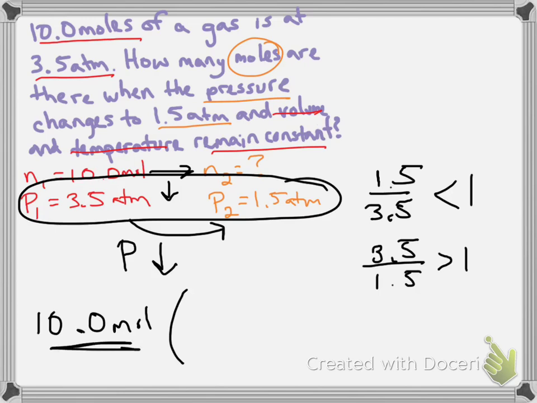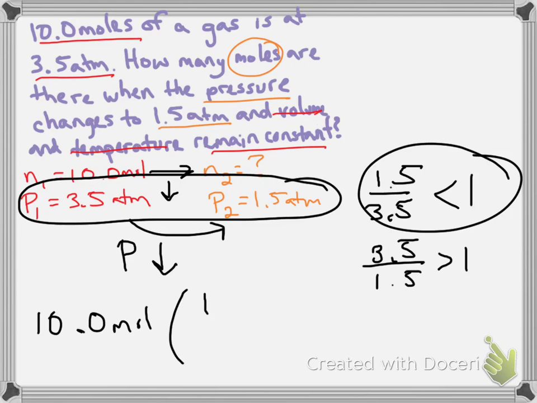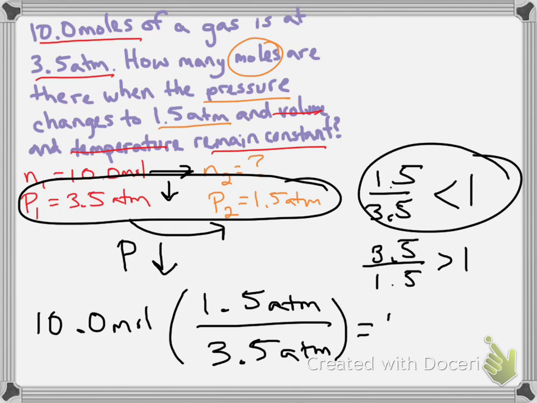So if I want to decrease my number of moles, I need to multiply it by something less than 1. So I'm going to multiply it by 1.5 atm over 3.5 atm. When I multiply this out, I get 4.3. I need two significant figures. Even though there's 3 significant figures right here with my number of moles, my pressures both only have 2 significant figures. So I'm going to choose my lowest amount of significant figures, and I get 4.3 moles.